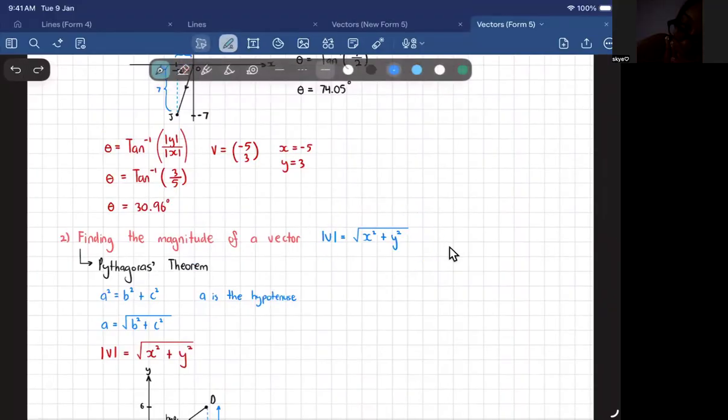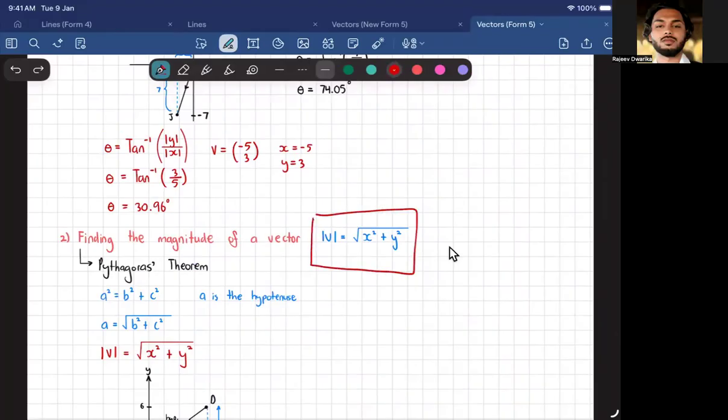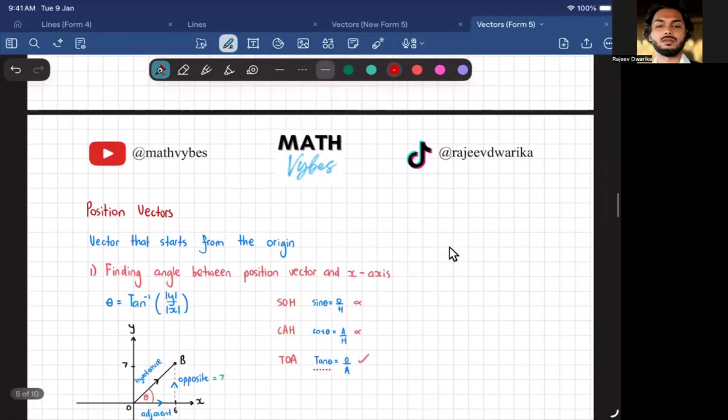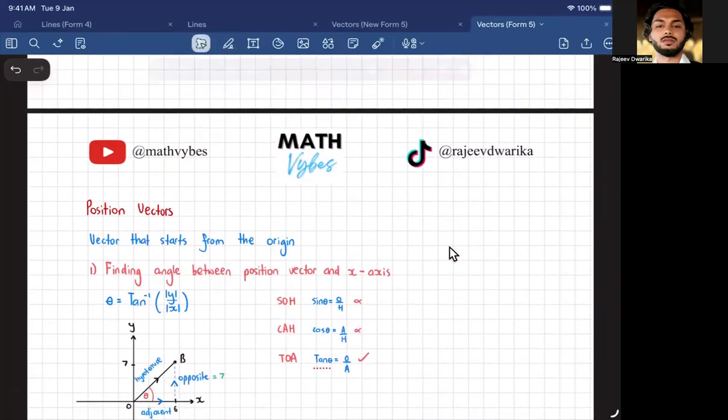Let me highlight it. This is the magnitude formula. And let me highlight this as well, so when you look at it, you will not be confused.